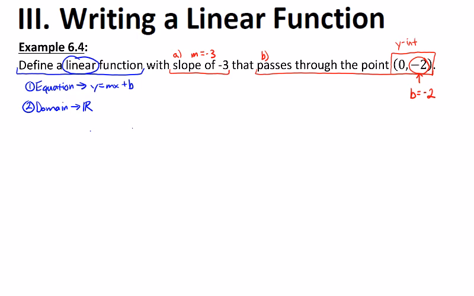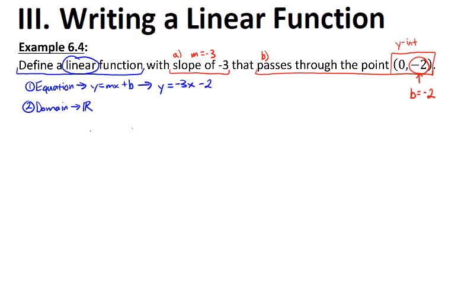And this does represent a y-intercept. And you can always tell if it's a y-intercept by taking the point and plotting it. If it plots on top of the y-axis, then you know it's a y-intercept. And that's exactly what would happen with this point. So with that said, the equation can now be written as y equals -3x minus 2.